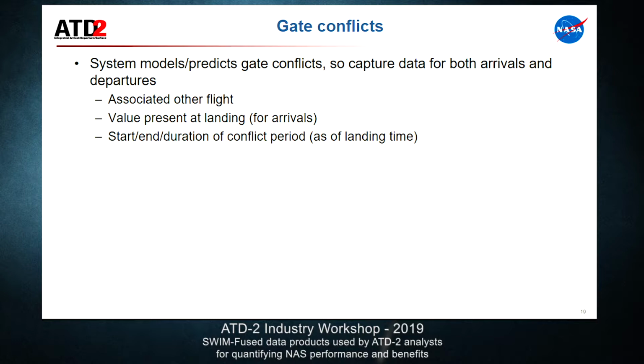How they resolve the gate conflict, if they want to get that departure off the gate and hold it in the ramp somewhere else to get that arrival on the gate, or if they want to hold the arrival off the gate, that's their decision. We just provide the data and the information to inform them so they can make the best decisions.